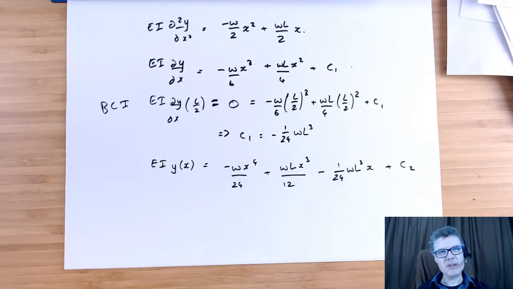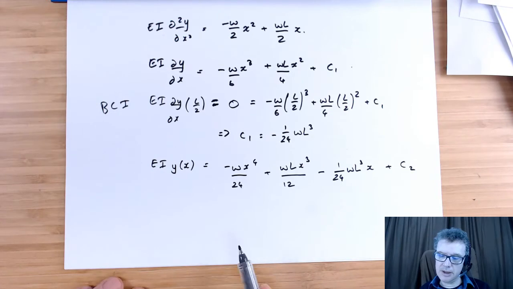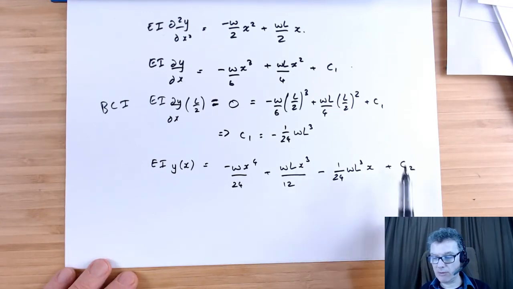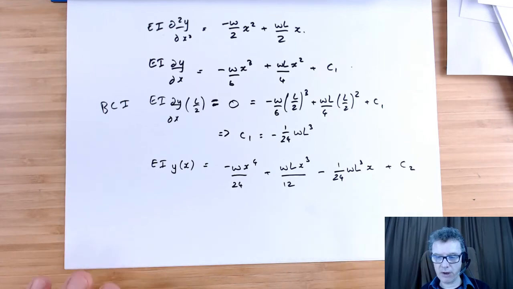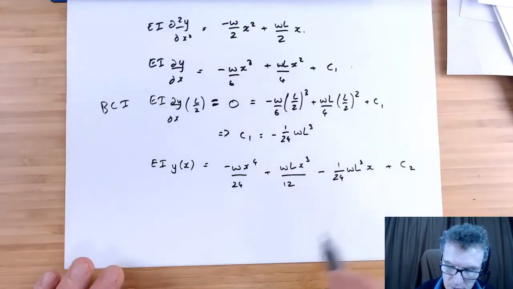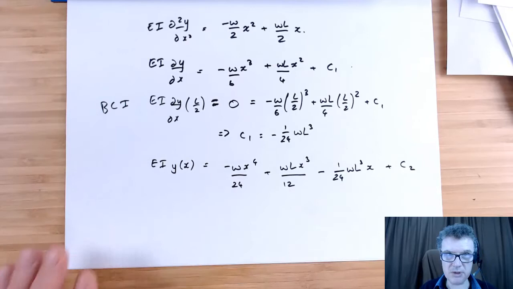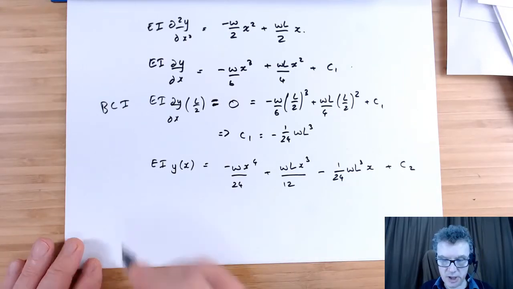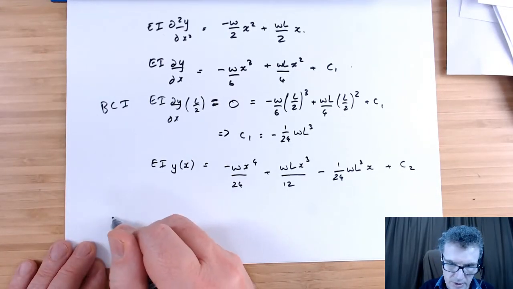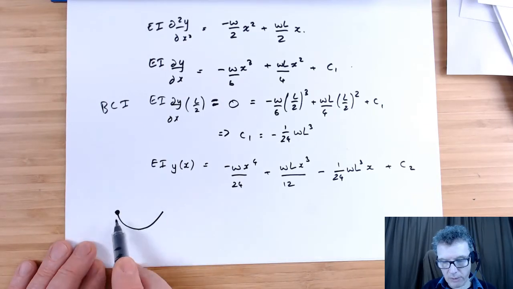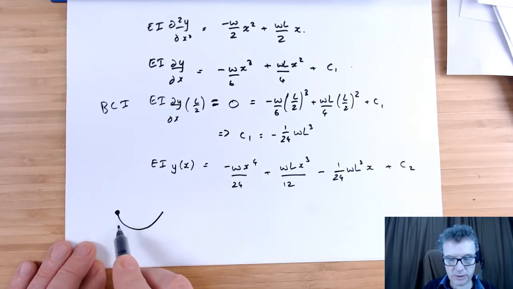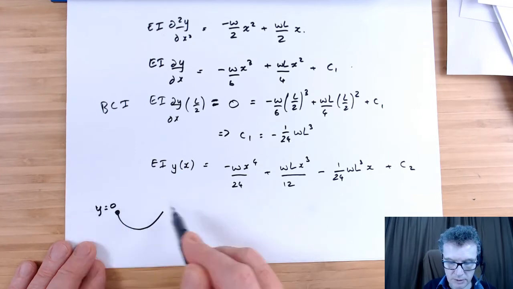Notice this problem is actually giving me more boundary conditions than I need. So I have two unknowns, and I'm going to use my last boundary condition as a check. The boundary conditions I'm using: at the start, y equals 0.